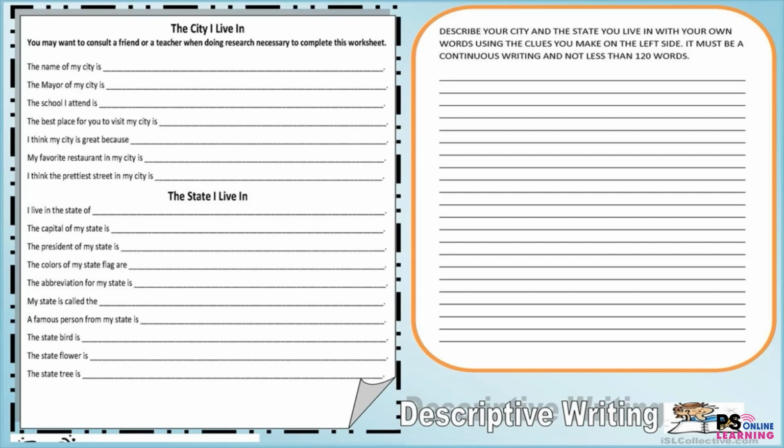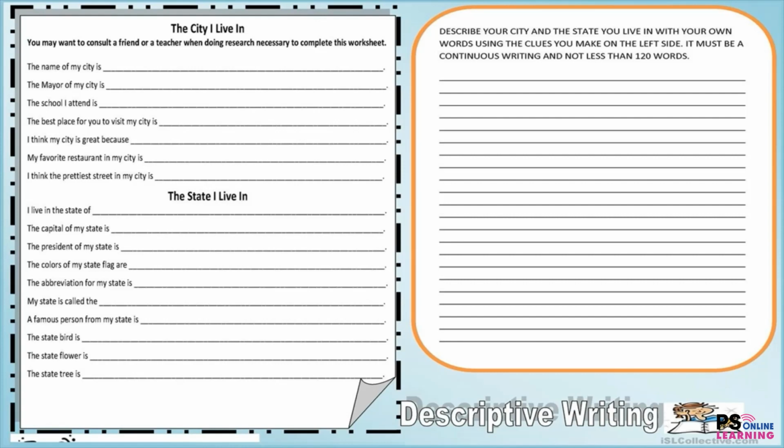Abbreviation for your province. Okay, like for my state, I come from New York. The abbreviation for New York is NY. So that's what it's asking for. Abbreviation means a short name of your province.